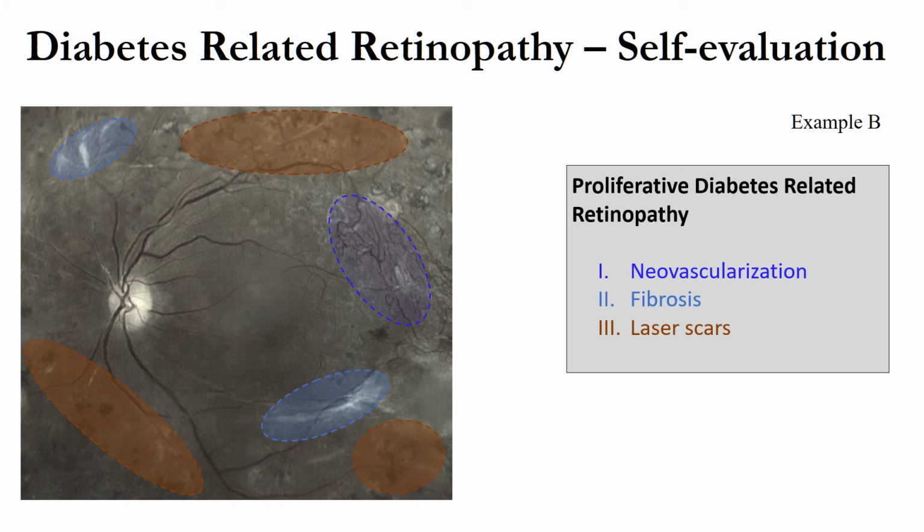The retinal neovascularization, fibrosis, and laser scars are all indicative of diabetes-related proliferative retinopathy.